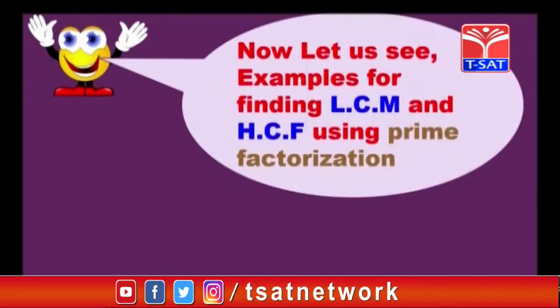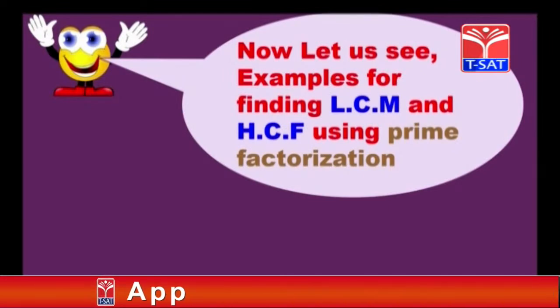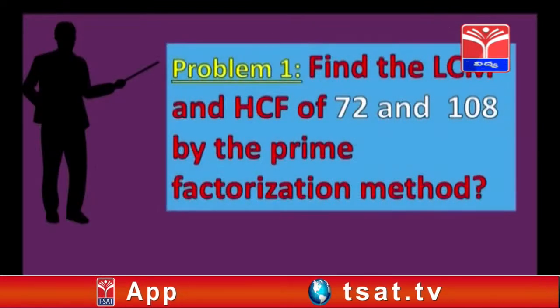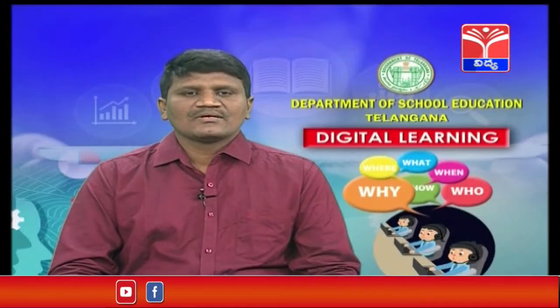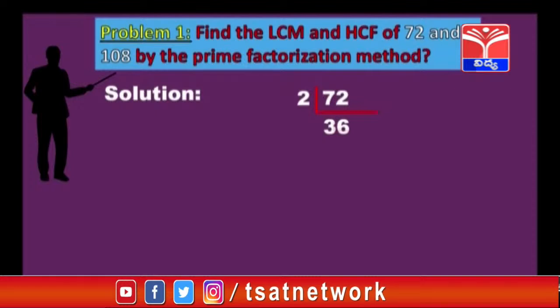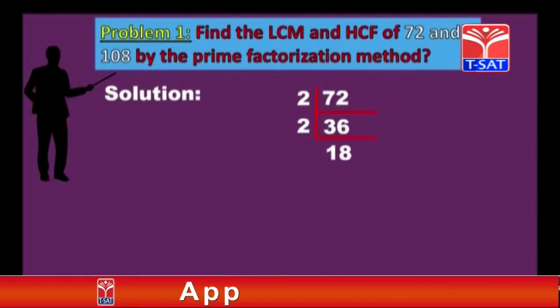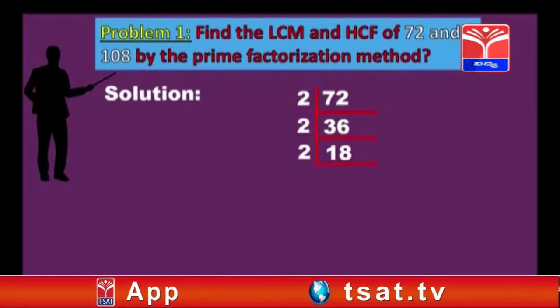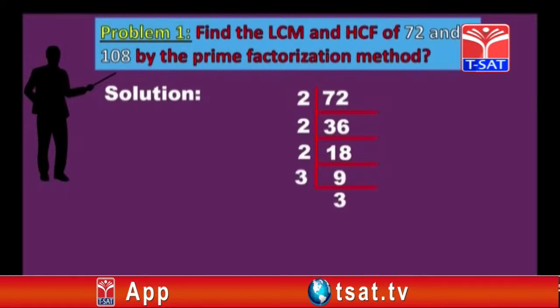Now let us see examples for finding LCM and HCF using prime factorization. Find the LCM and HCF of 72 and 108 by the prime factorization method. Solution: 72 factorized, 2 36s are 72, 2 18s are 36, 2 9s are 18, 3 3s are 9.